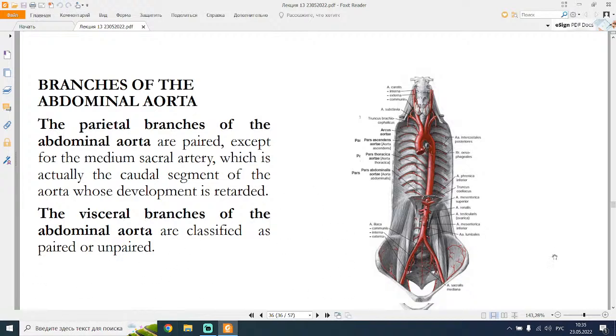The visceral branches of the abdominal aorta are classified as part or unpart. These are branches of aorta: parietal, visceral.